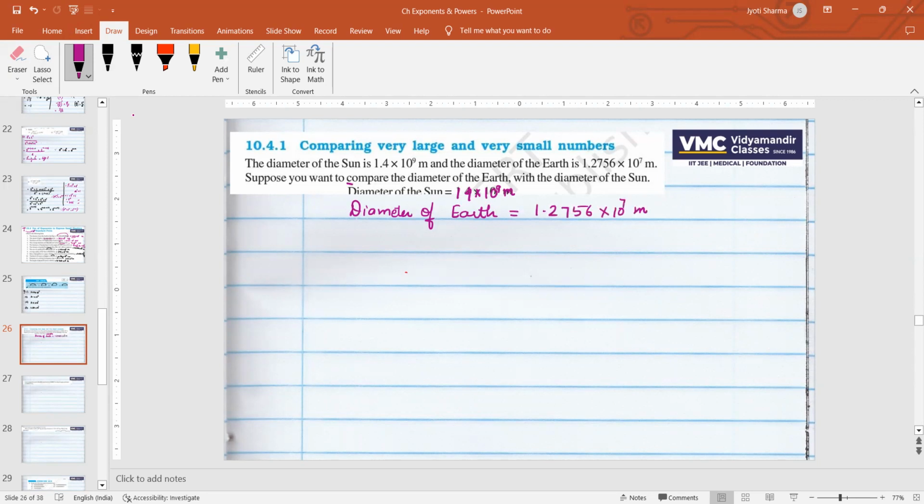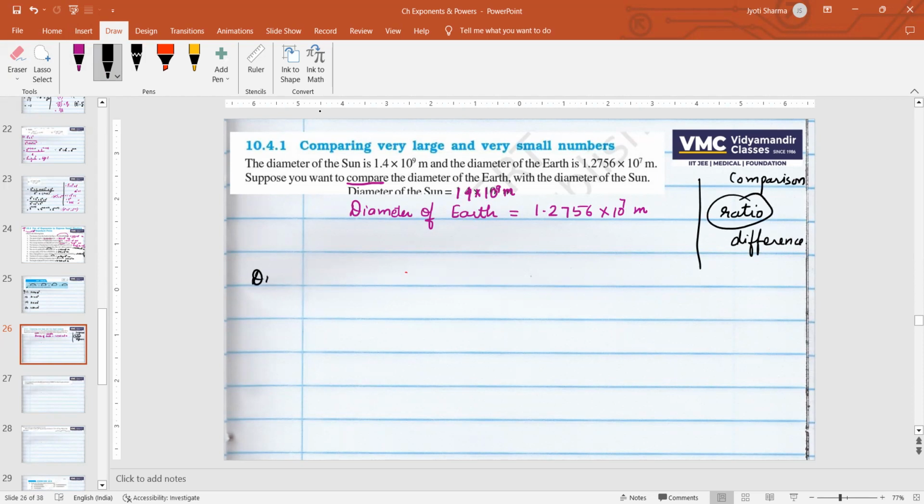You are supposed to compare. Like in your book it has been done. How can we compare? We can do it in ratio form, or we can find out the difference. Your book is following the ratio. They have found the ratio.